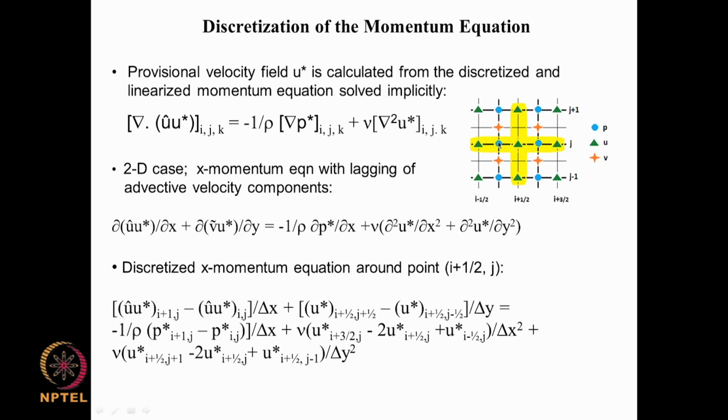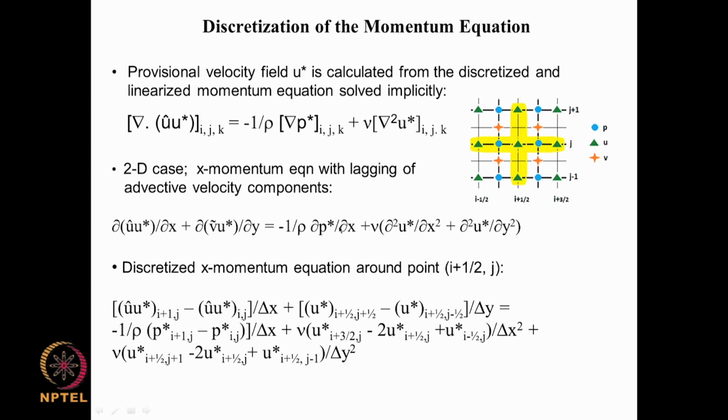So if u at this point is positive, then the flow is in this direction, so the u star will correspond to this, and here this is going to correspond to this. In this way we evaluate a discretized momentum equation.